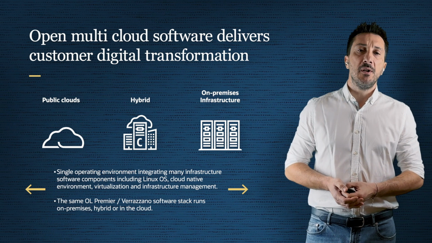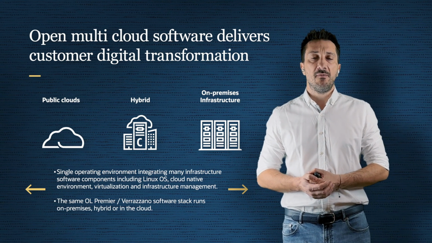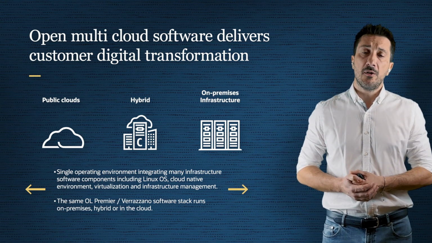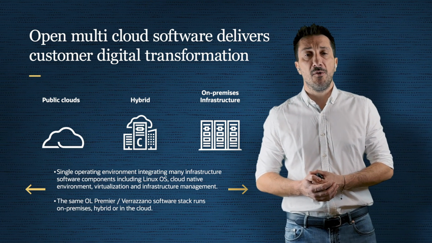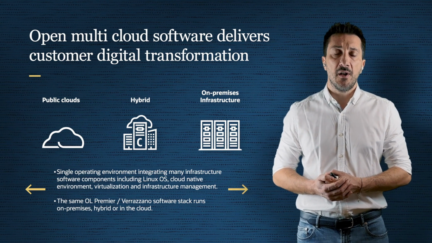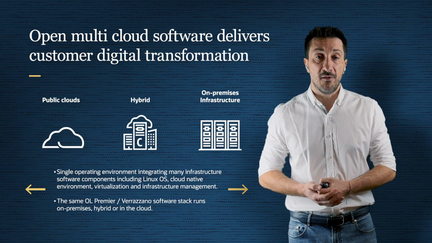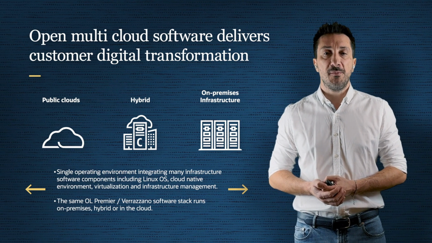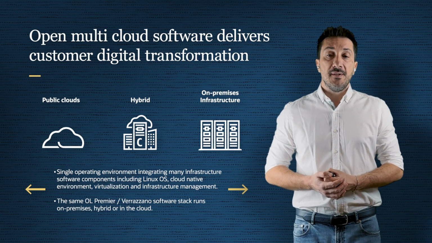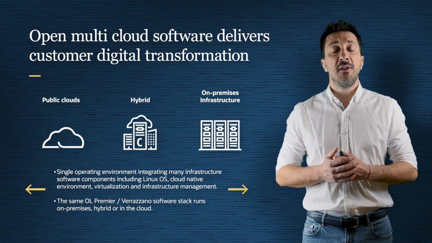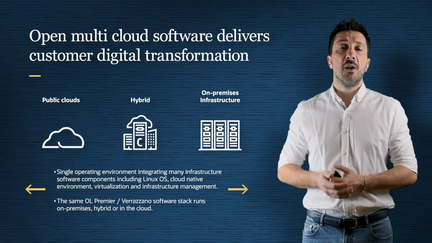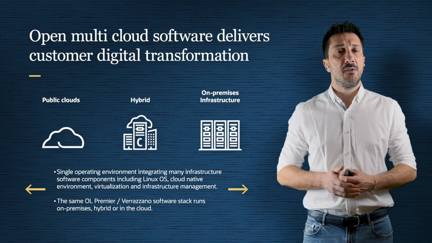So the same Oracle Linux, the same Oracle Cloud Native environment can run on Oracle Cloud Infrastructure, can run on third-party cloud, can run on cloud customer solution, can run on private cloud appliance, as well as on commodity hardware there on premises. And there's no difference between Oracle Linux and Oracle Cloud Native environment running on the cloud, running on premises. It's always the same, there's really no difference.